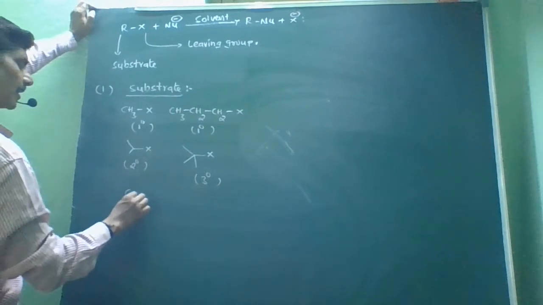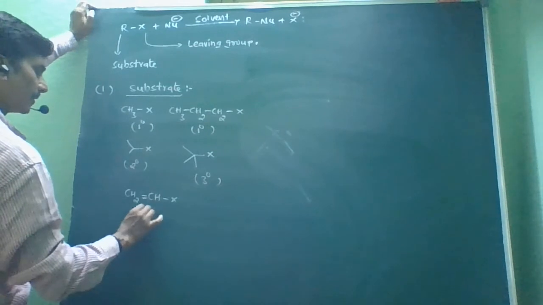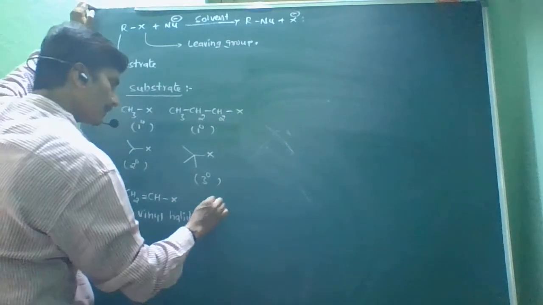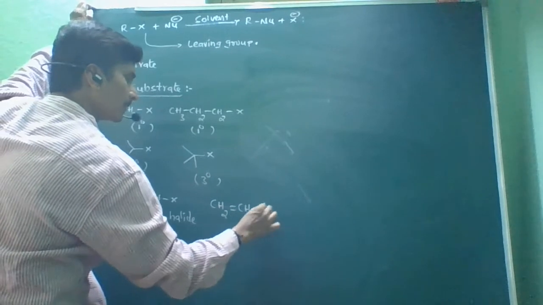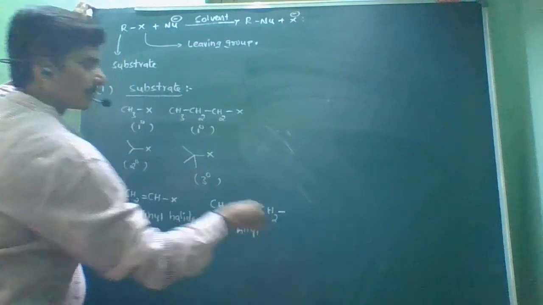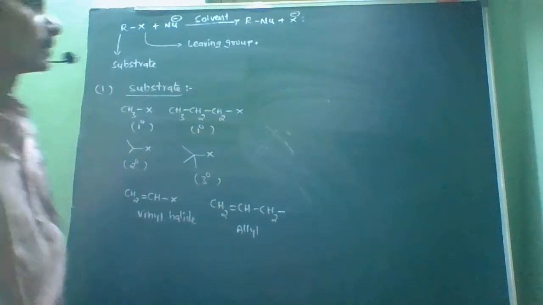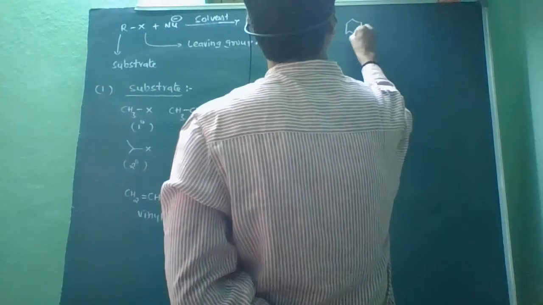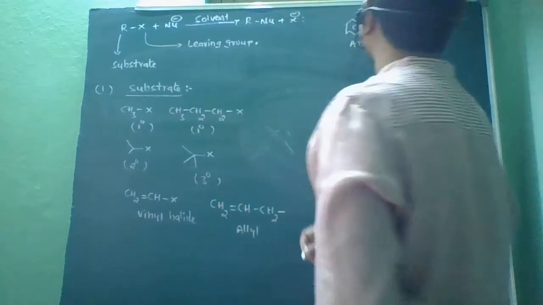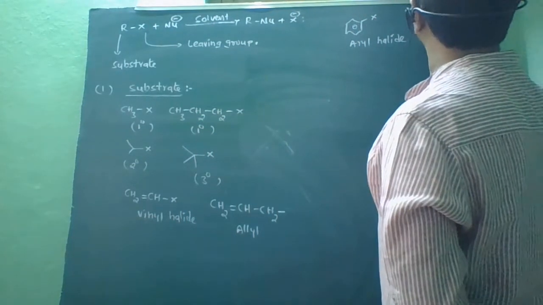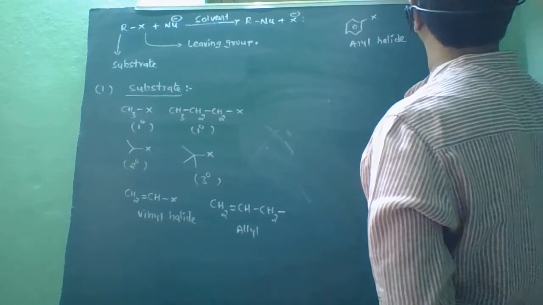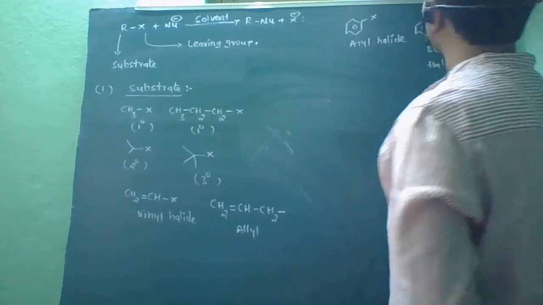Similarly, it may also contain a double bond, that is vinyl halide, allyl halide, aryl halide, or benzyl halide.